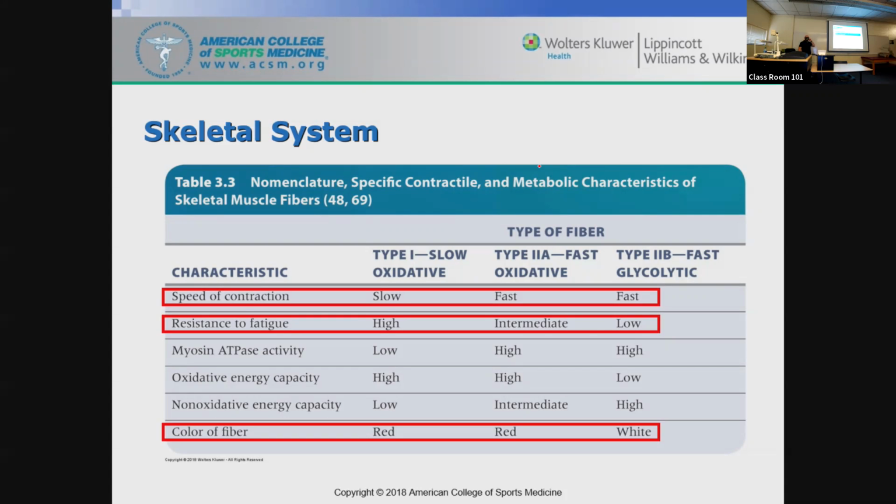But it does not fatigue nearly as quickly. It takes a long time to fatigue type 1 muscle fibers. And depending upon how trained somebody is, they can, I mean, theoretically go on for almost forever. These are the muscle fibers we use most of the day.